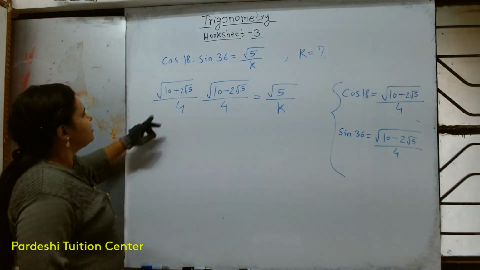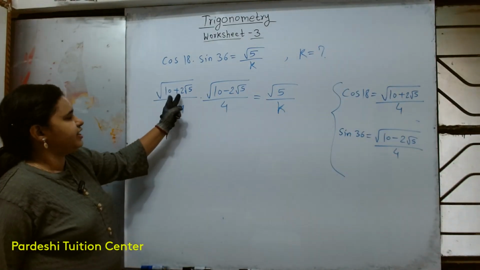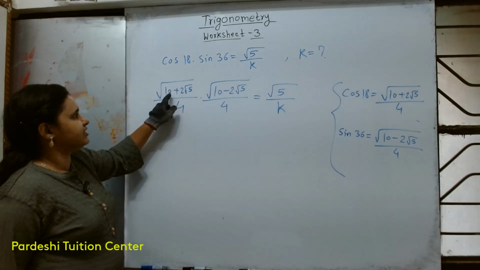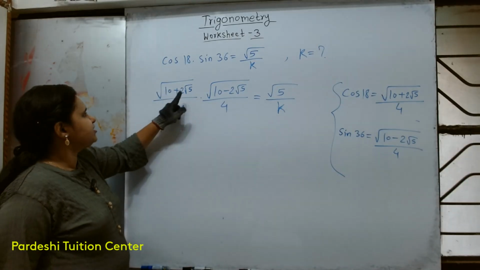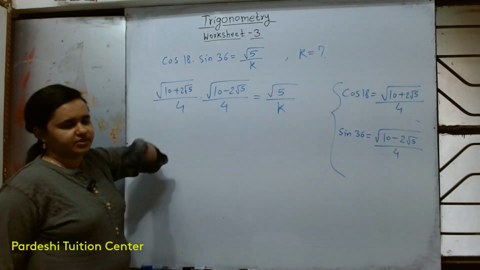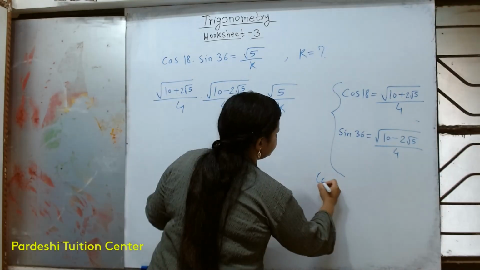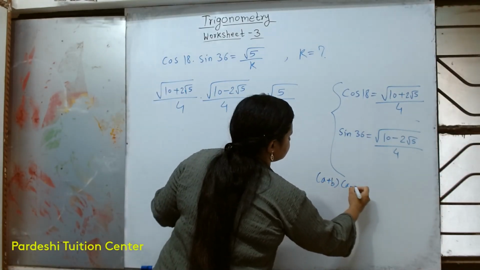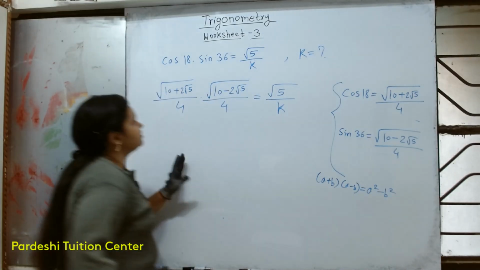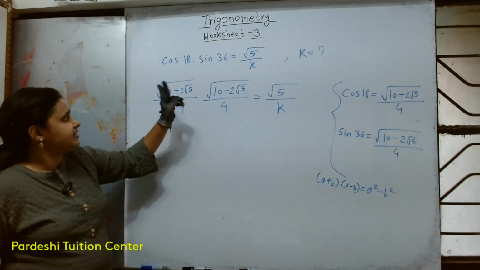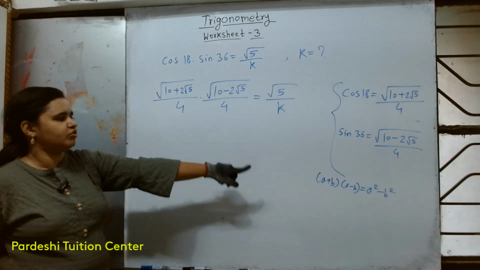Now see, here it is a plus b. If you take 10 as a and 2 root 5 as b, it is the formula of (a plus b)(a minus b), which is a square minus b square. The square root we will write as it is, because there was no square root to remove.